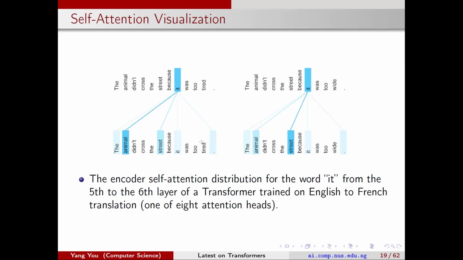Now, from the meaning, in the first, it should mean the animal. But in the second, it's too wide, which should describe the street, wide or narrow. So you see in the visualization, in the first, it means the animal, so there is a strong relation there and a weak relation to the street. Here it's different, because the street is wide, it means the street, so they have a strong relation.